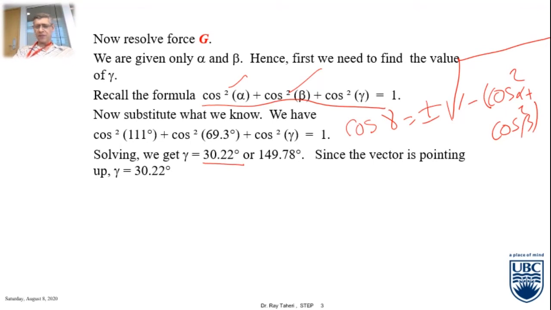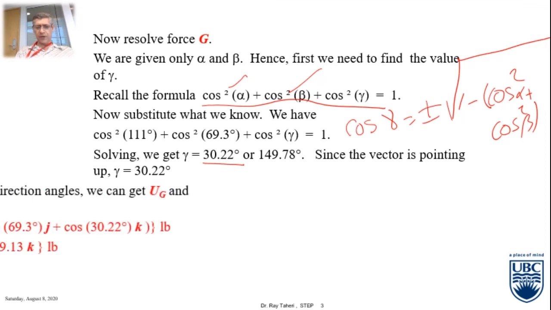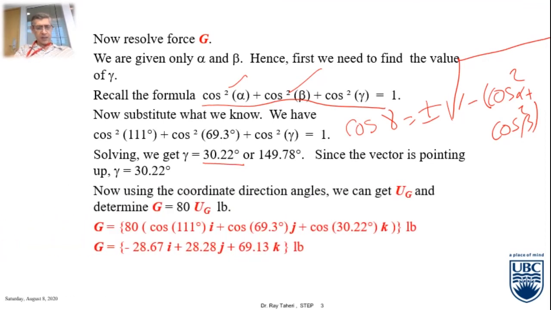So now we have alpha, beta, gamma. What is the next step? We define the unit vector, which is cosine alpha i, cosine beta j, cosine gamma k. This is the unit vector of vector g multiplied by its magnitude. This gives the actual vector g.